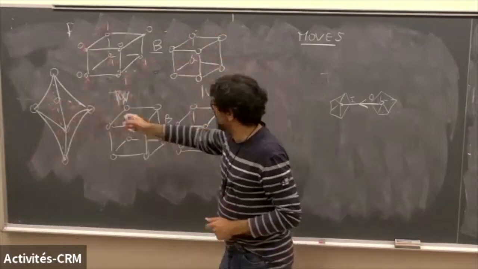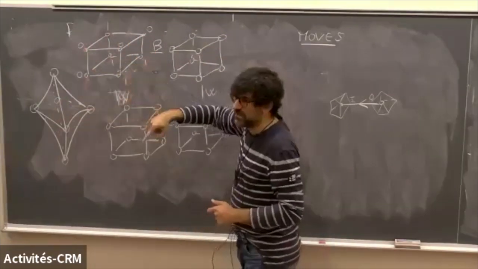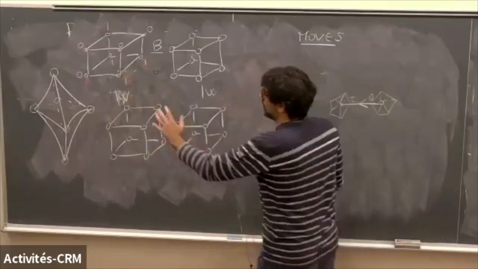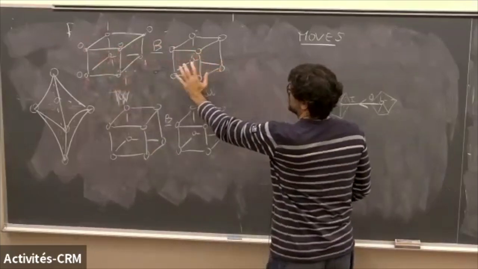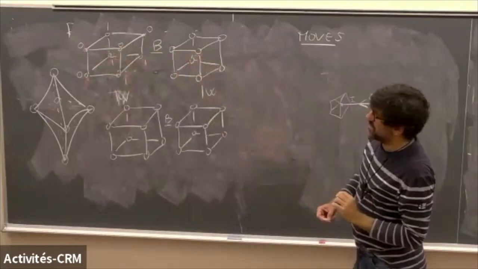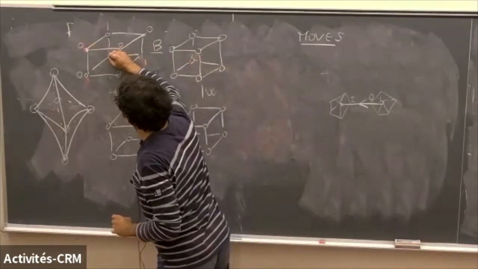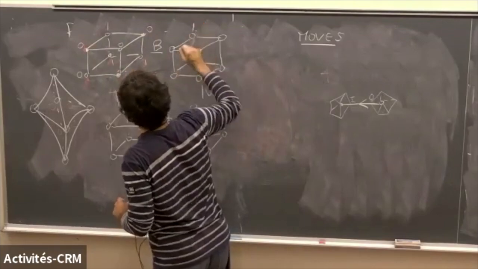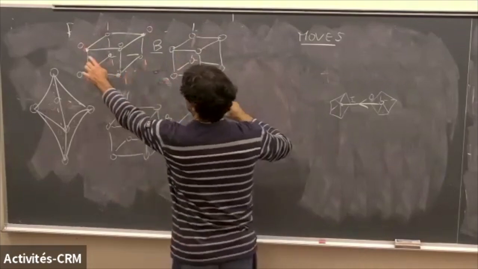Okay, and these vertices are black and white. So, for instance, as an admissible rule, you can choose to switch all the states of the black points. This means, for instance, that here I should modify these ones, right?